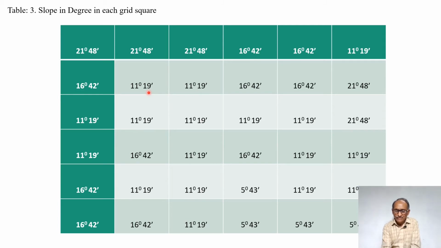Half is 30, because 1 degree is 60 minutes, so half of 60 is 30. So if any number is less than 30, then it should be omitted. So here we'll have to omit 19. So our value will be 11 degrees. So we'll have to give 11 dots in this particular cell.